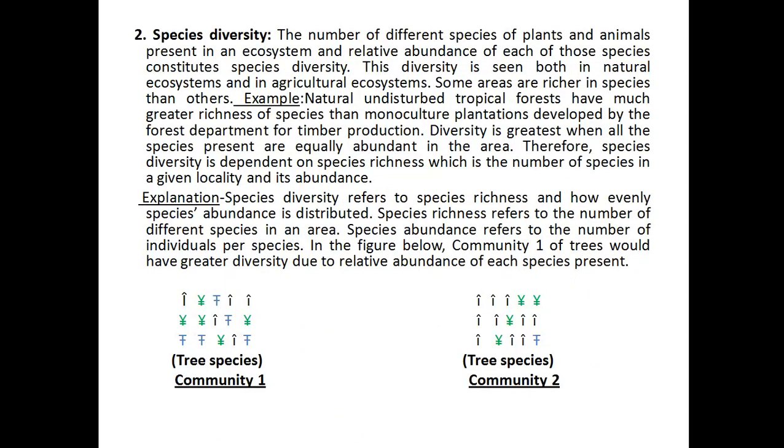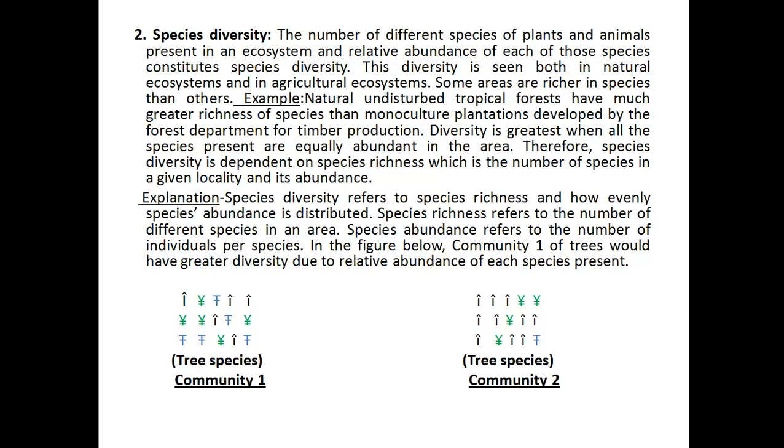Next, number 2 is species diversity. The number of different species of plants and animals present in an ecosystem and relative abundance of each of these species constitutes species diversity. This diversity is seen both in natural ecosystems and in agricultural ecosystems. Some areas are richer in species than others.